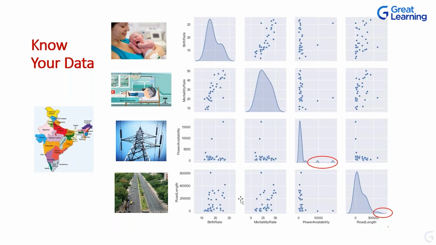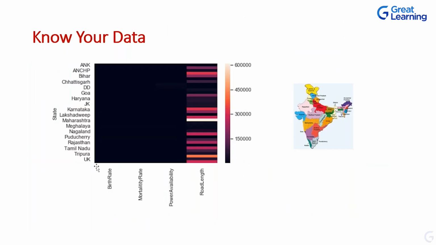With regard to road length, this is smooth up to here, and then on the right tail, on the higher side, yes, there are observations. And again, this indicates that this may create some trouble during our clustering procedure.